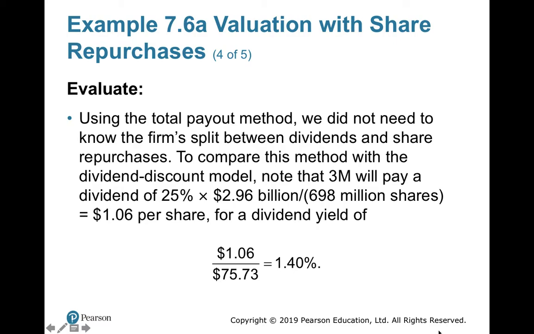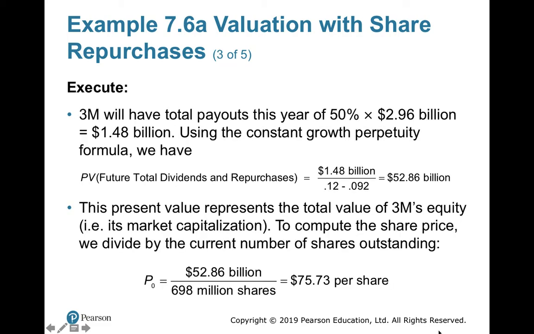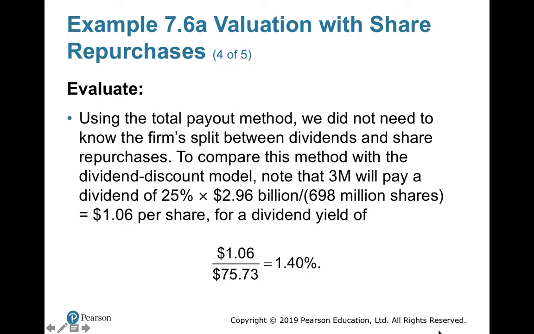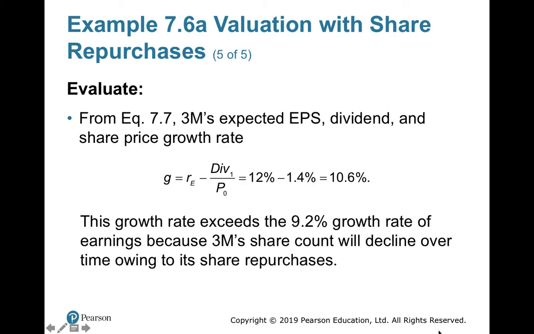So 25% of 2.96 billion divided by 698 million shares outstanding is equal to 1.06 per share dividend. 1.06 per share divided by the price we calculated above, 75.73, gives a dividend yield of 1.40%.